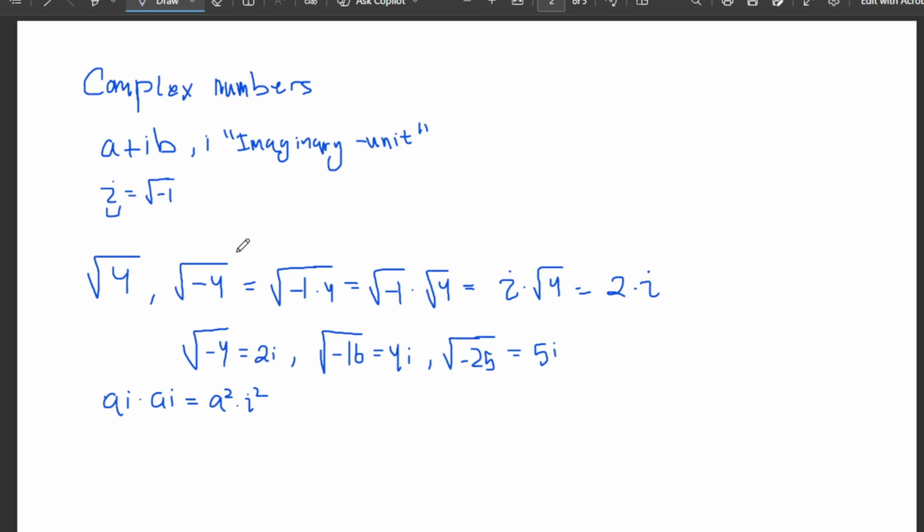What's i squared? If we square i, the square root is cancelled, which will be -1.